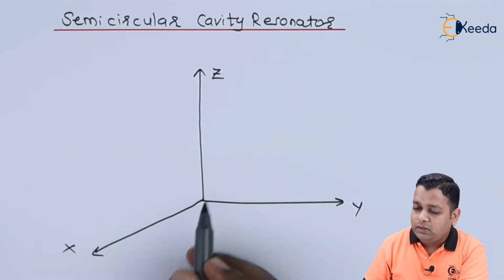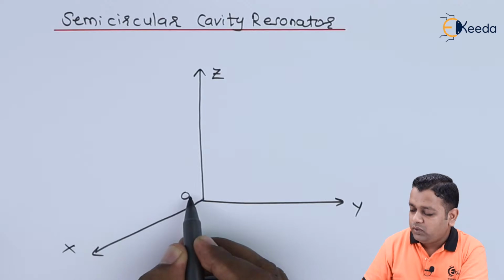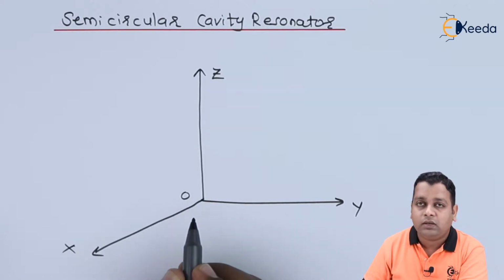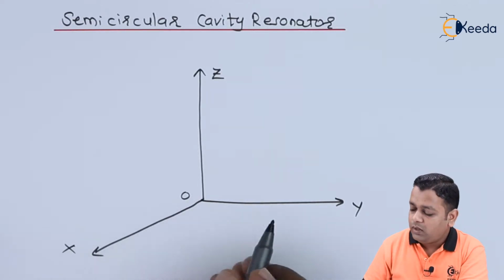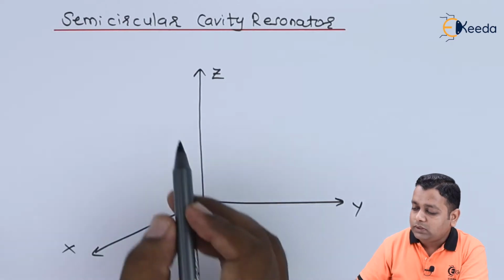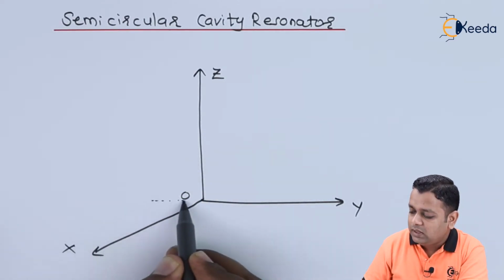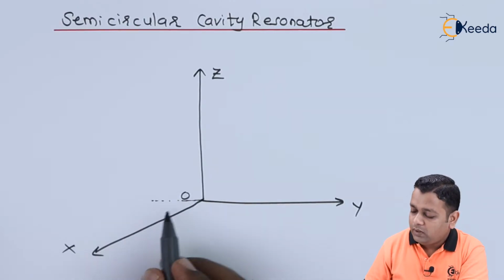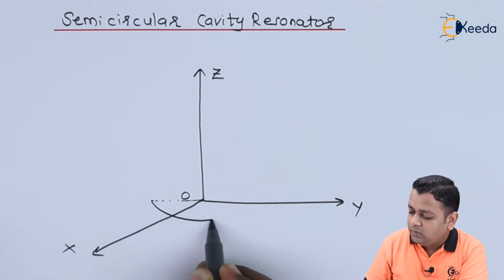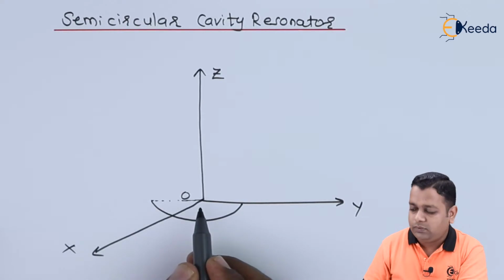They intersect at the origin, represented by the letter capital O here. Now we have a semicircular cross section. So let us extend the y-axis in the negative part here, and this is a semicircular shape.